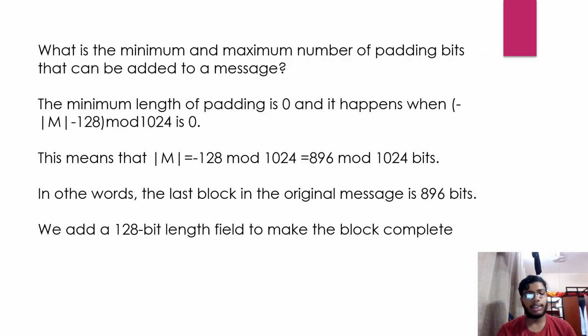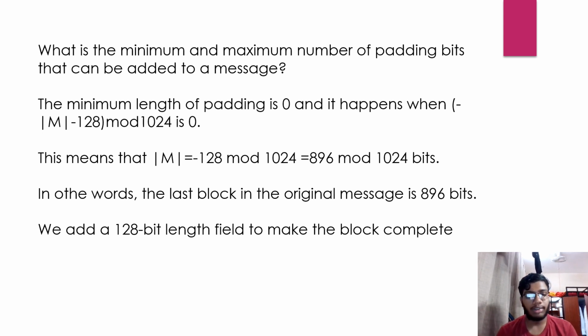Then the second and third questions are: what is the minimum number of bits that can be padded, and what is the maximum number of bits that should be added? Suppose the length of the last block is 896 bits.